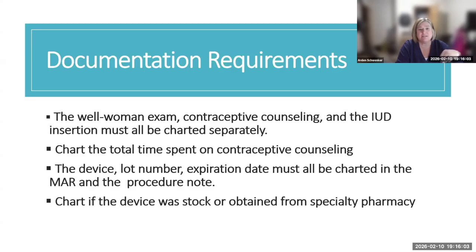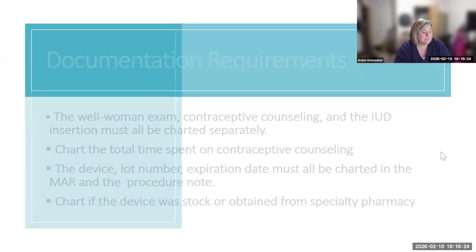In smaller practices, you have to actually type that out into your chart note. And then the other thing in the chart is you'll want to chart if the device was stock or if it was obtained from specialty pharmacy, because your biller will bill it differently depending upon where you receive the device.